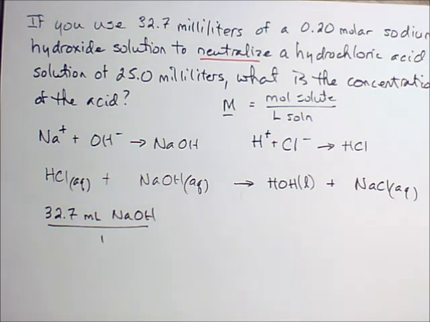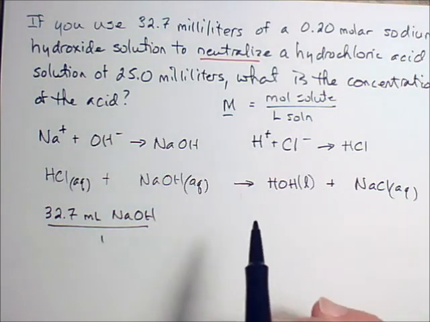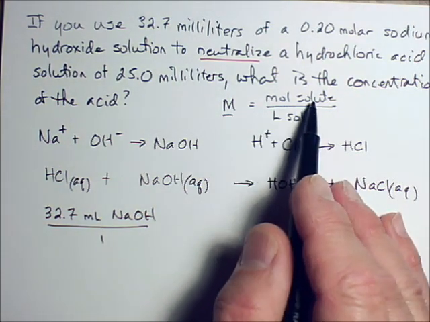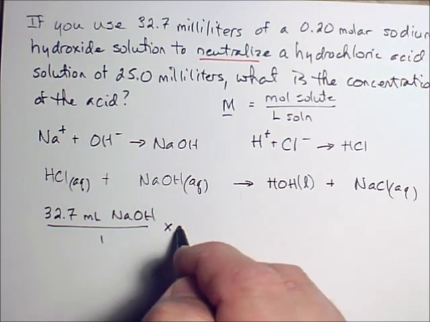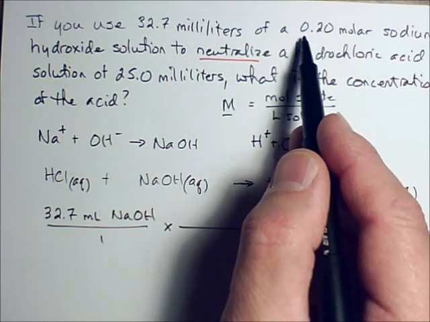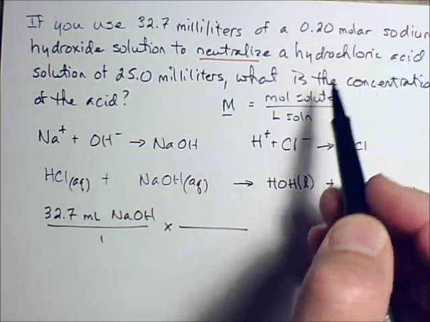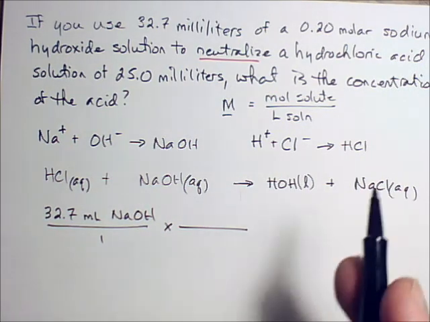Now we're going to use it. So now that you know this, this allows you to get to where we want to go. See, we got moles on the top. That's where we want to get to, isn't it? What if I put that here in this form? So instead of having 0.20 capital M, I want to write it 0.20 moles of that stuff over liters of solution. How about that?